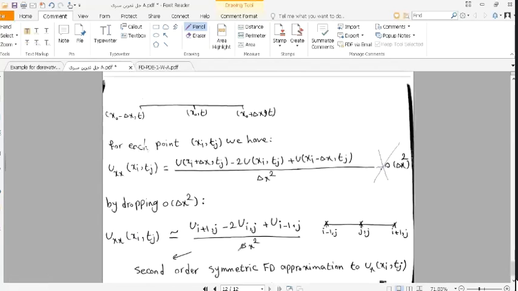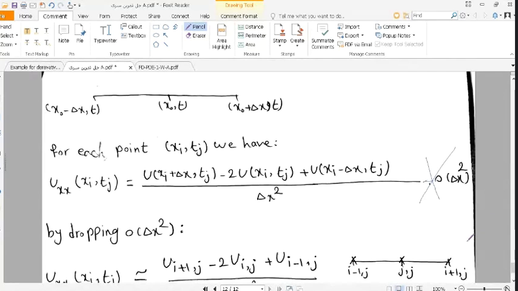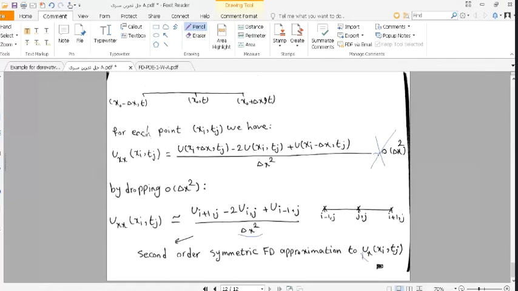This is the second order symmetric finite difference approximation for uxx, not ux, uxx. And this is second order because we drop the O of delta x2. And this formula is the second order symmetric finite difference approximation to uxx at xi and tj.